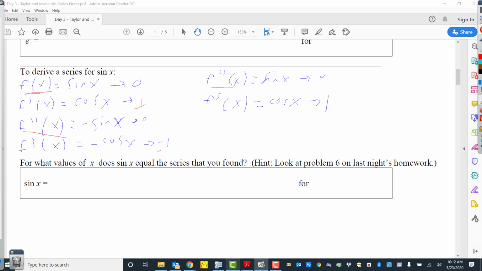Now, I'm going to start by writing a lot, and then we'll simplify it down in the actual box. We start with f of c.